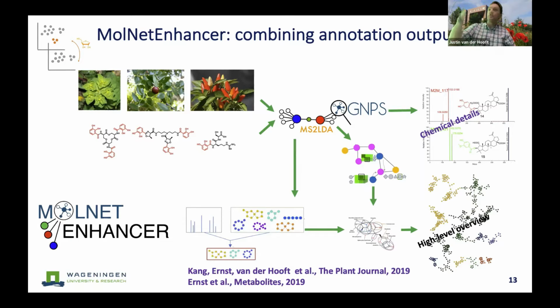Then you can add annotations from tools like Dereplicator, Sirius, MolDiscovery, and then you can apply network annotation propagation, which Madeleine will also highlight a little bit, I think. And then we can run the chemical class annotations using all those annotations to get a high-level overview in the right bottom corner, but we can also focus on the more chemical details when we combine the substructure annotations.